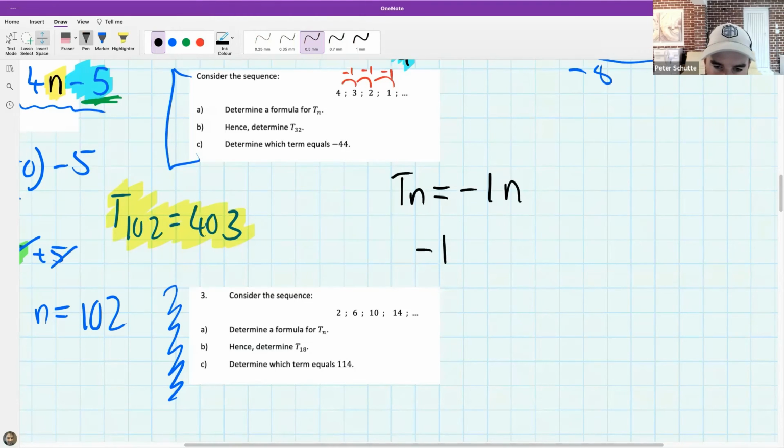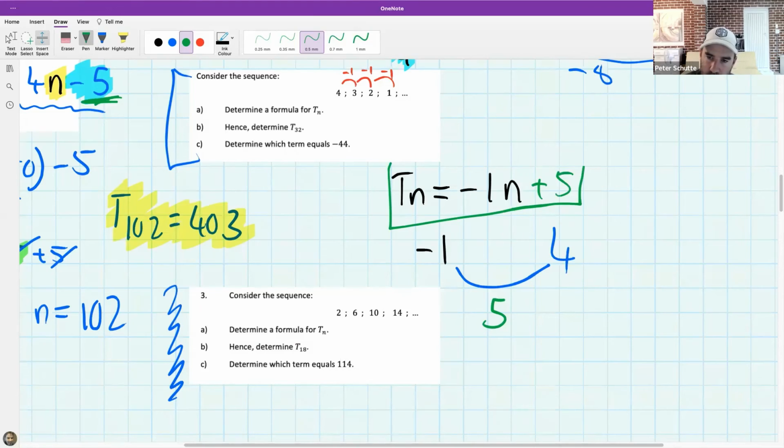At the moment, my first term is -1. But what I'd really like to be at is 4. So what's the journey to get from -1 to 4? I think I need to add 5. And so my formula will be -1n plus 5.